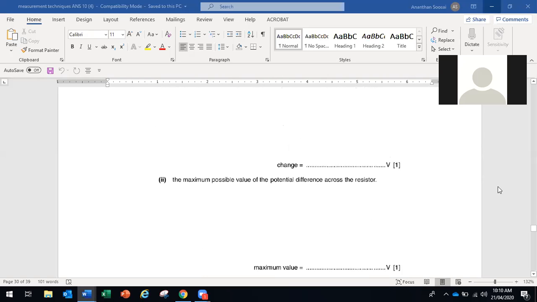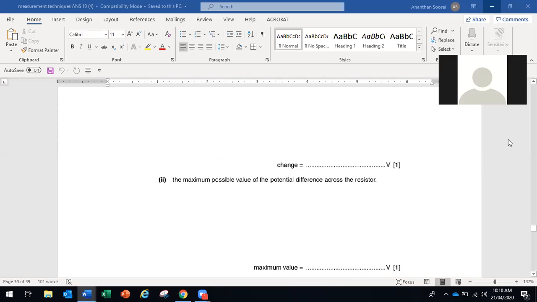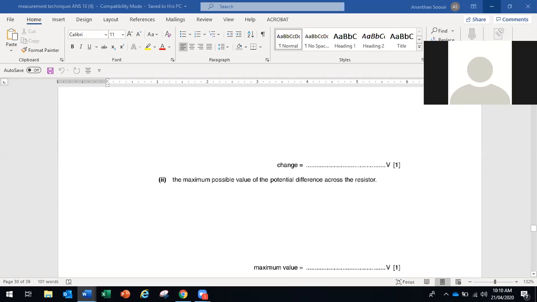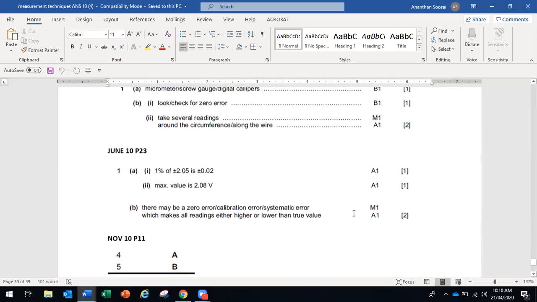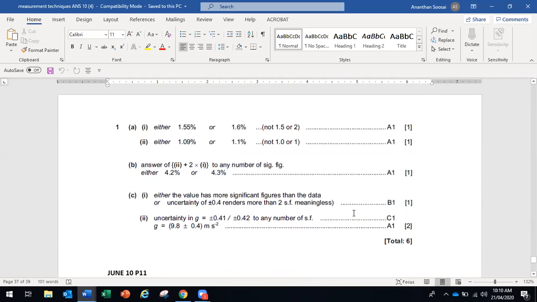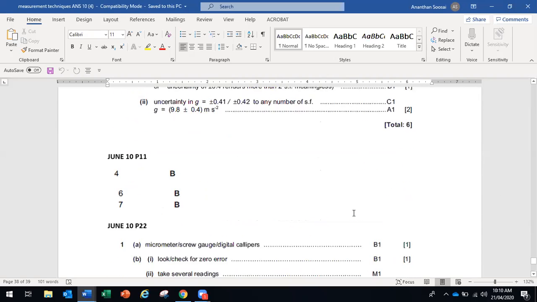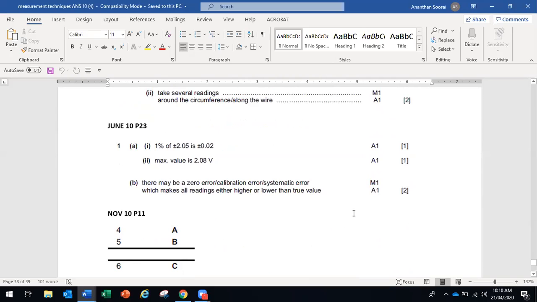Okay, so what's the answer given for the second one? 0.03. Anyone? Zero point zero two. 1% is 0.02.